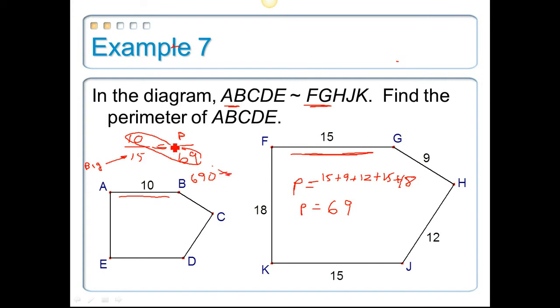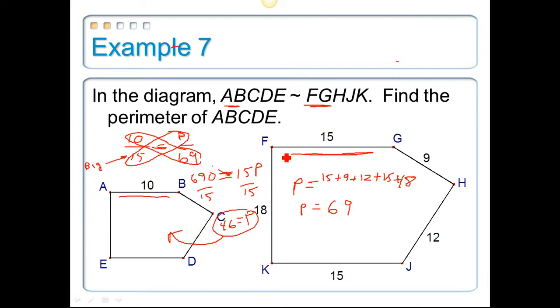And we can make that equal to 15 times P. We'll divide by 15 to both sides, and we do a quick calculation here, 690 divided by 15, and we get the perimeter is 46 for the small shape.